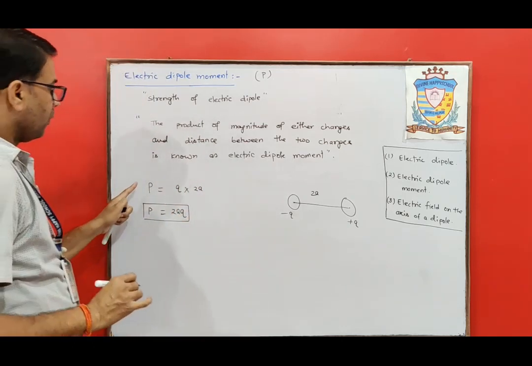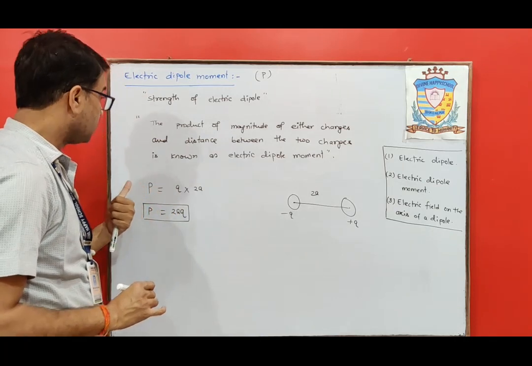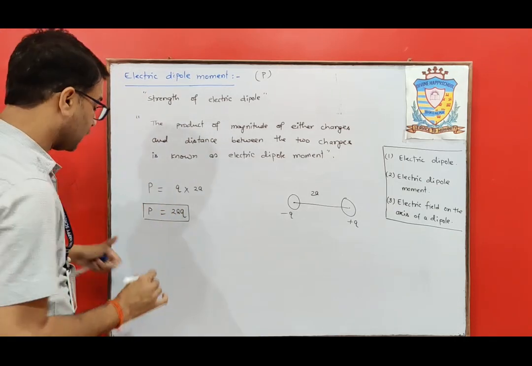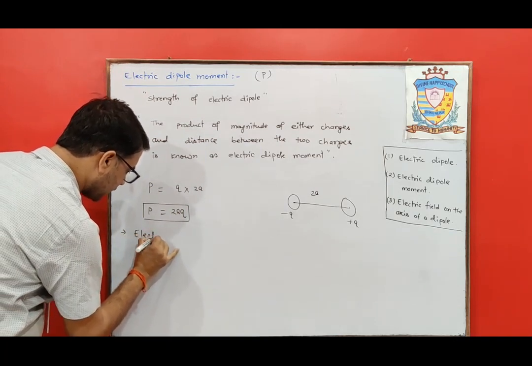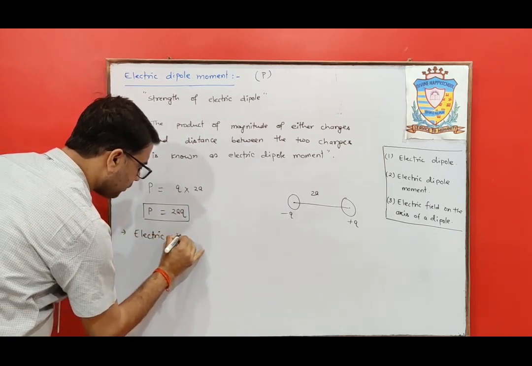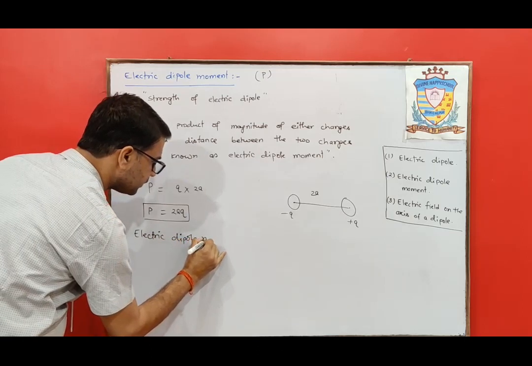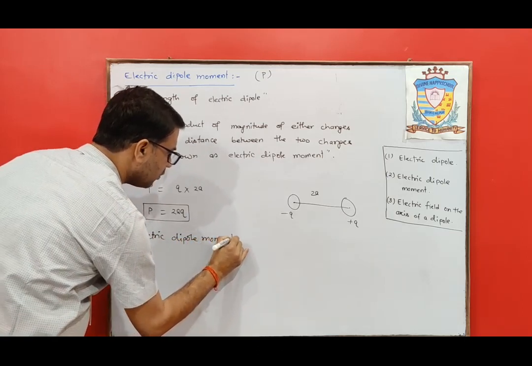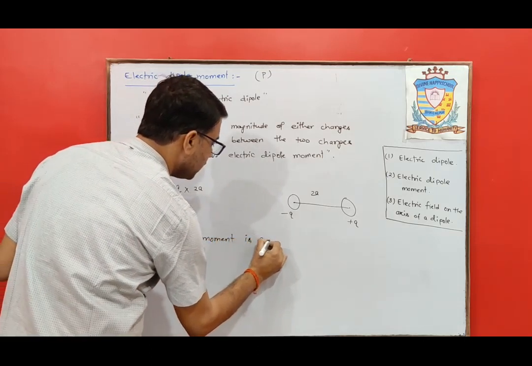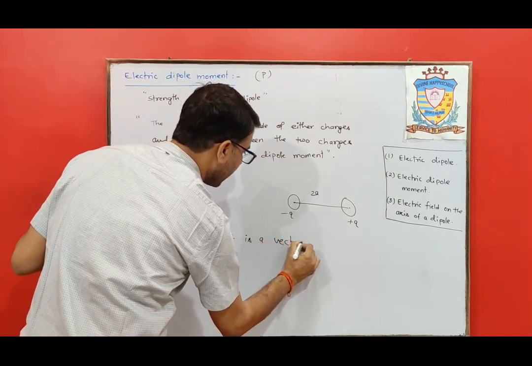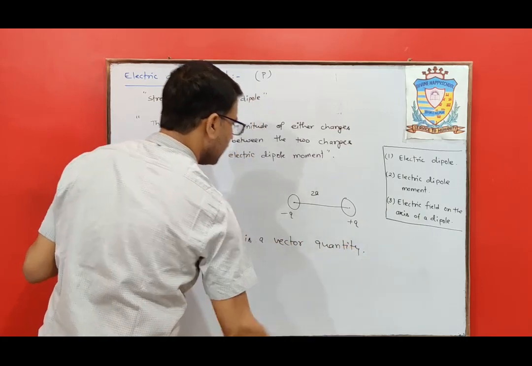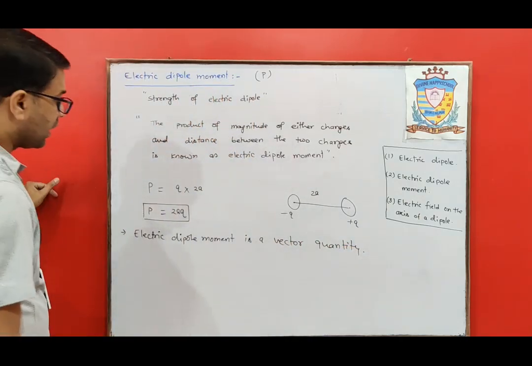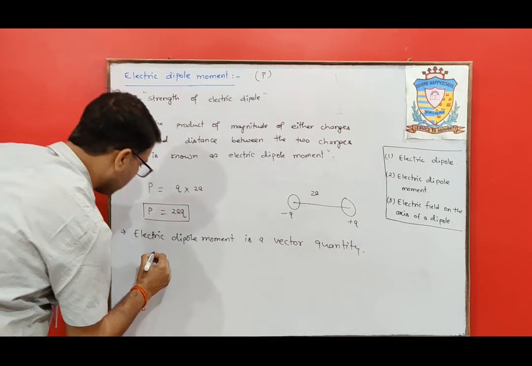And P, the electric dipole moment, is a vector quantity.